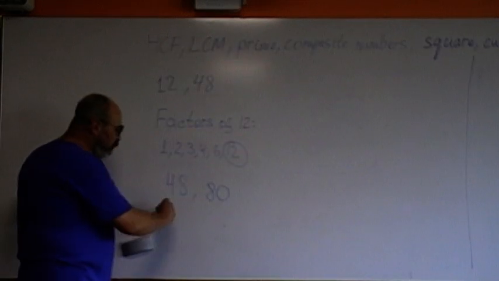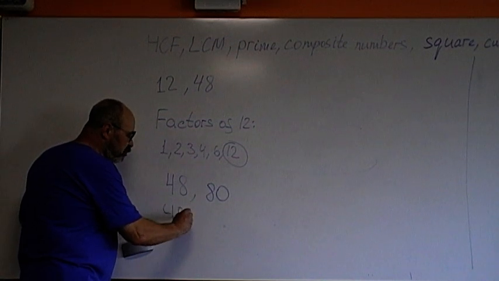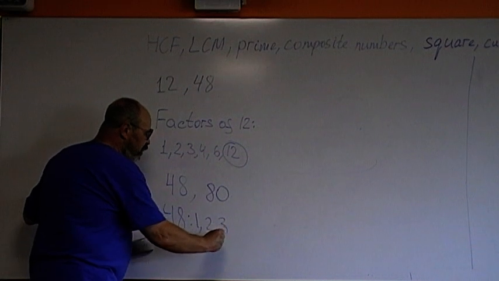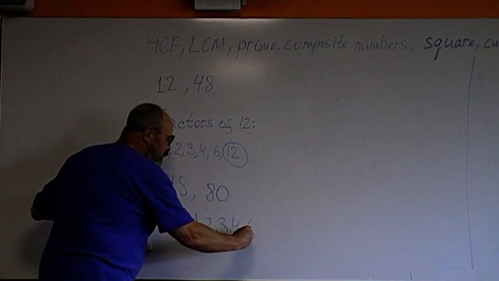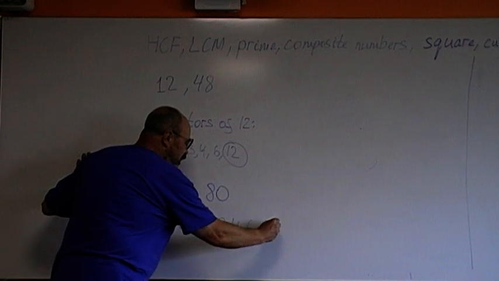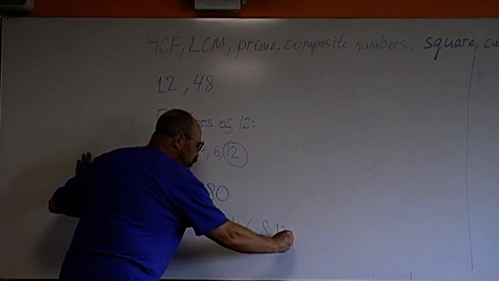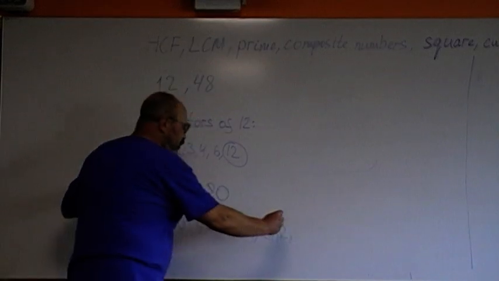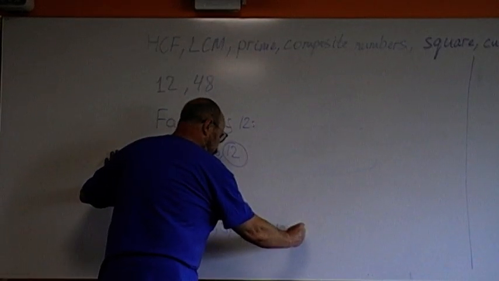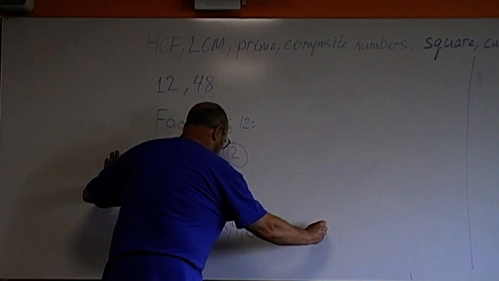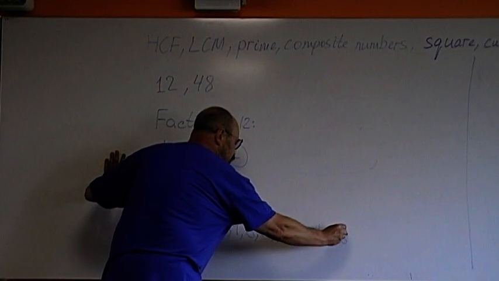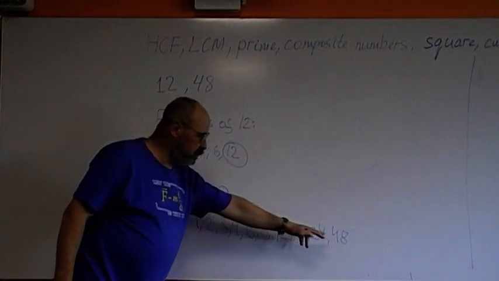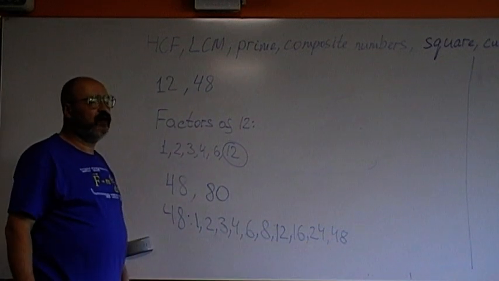So let's list factors of 48. 1, 2, 3, 4, 6, 8, 12, 16, 24, and 48. Now, let's have a look from the right, which of them will also be a factor of 80.